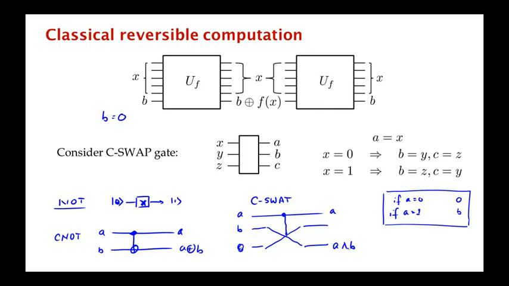Okay, so this is a way of computing the AND gate in a way that's reversible, because the C swap gate is its own inverse. So now we have an AND gate, we have a NOT gate, so we have a NAND gate, and that's universal for classical computation.